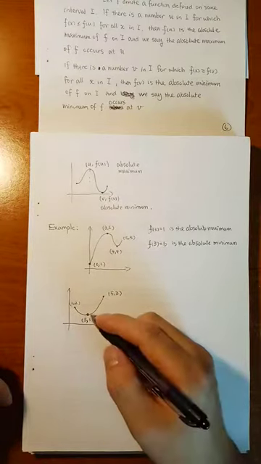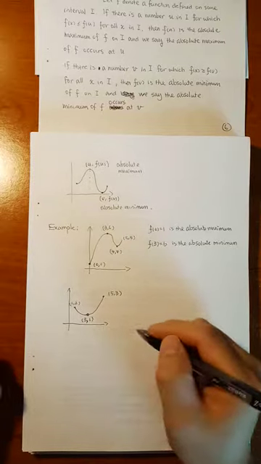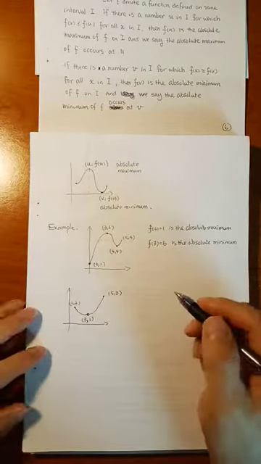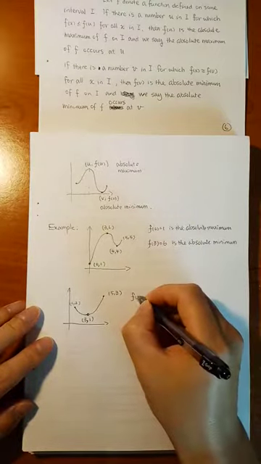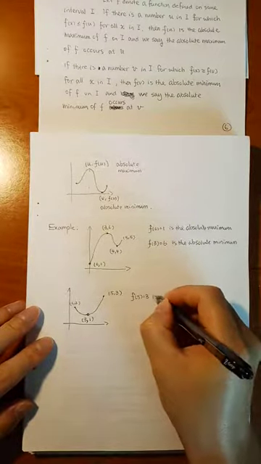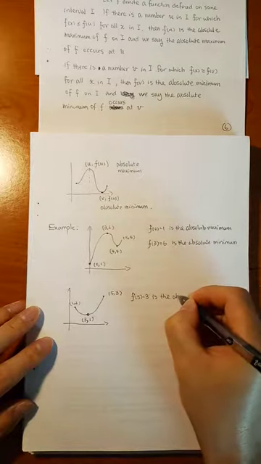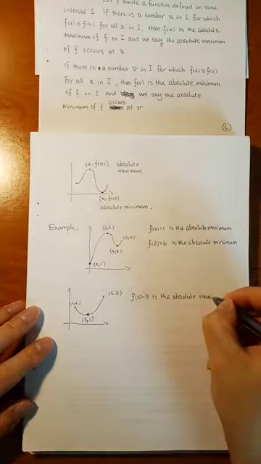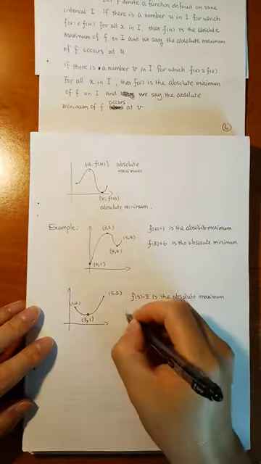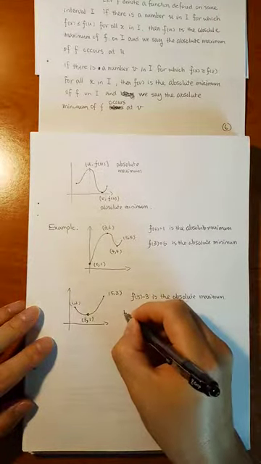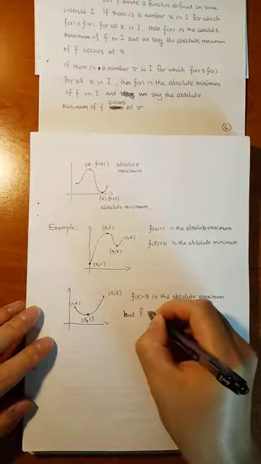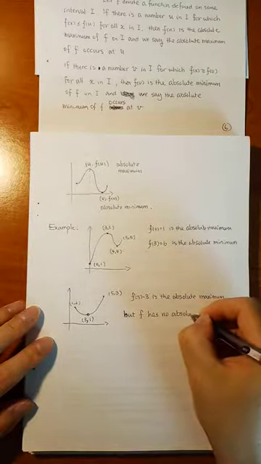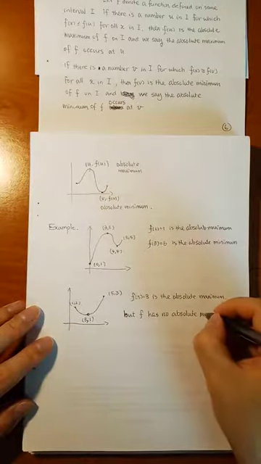But since it's missing, you cannot reach the absolute minimum, and there's an absolute maximum at (5, 3). So f(5) equal to 3 is the absolute maximum, but f has no absolute minimum.